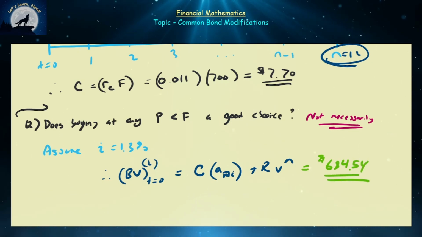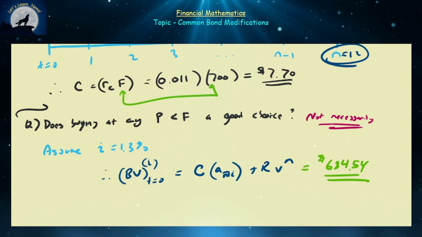$684.54. Keep in mind our F was equal to $700, and the present value of the sequence under i is 684. So if we buy above 684, that's obviously going to be a difference that's negative for us. But if we buy cheaper than 684, we're going to be making at least some profit, right?